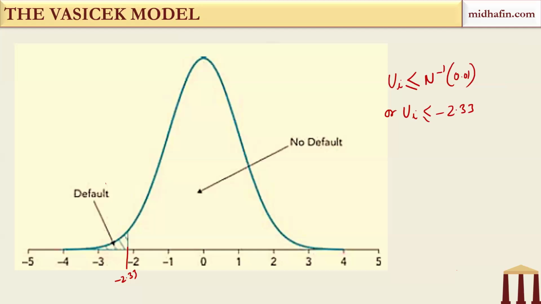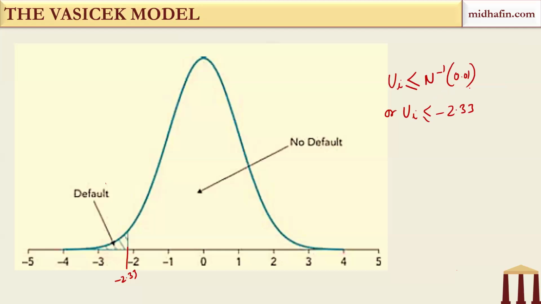But when will that U be sufficiently small for a default to take place? We can find it by calculating U_i and comparing it with N inverse 0.01.